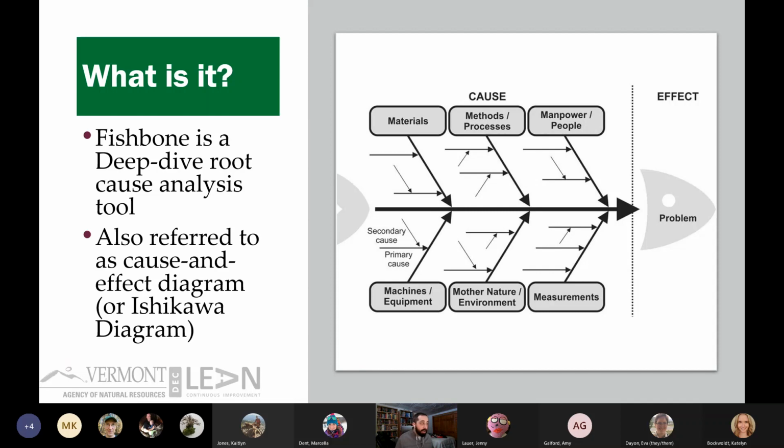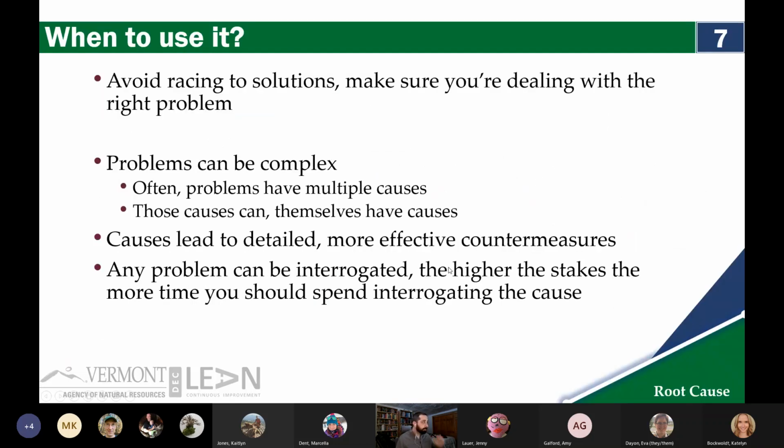And those primary causes might have causes themselves. So you can get into secondary causes, third degree causes, theoretically infinitely deep in 6 different categories. You can see how this thing can dramatically increase in complexity as you move forward, but it really helps you explore the entire universe of contributing factors to a problem, and that's where the power of the fishbone diagram lies.